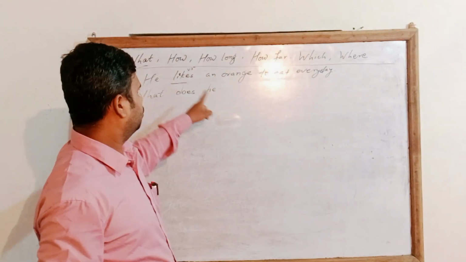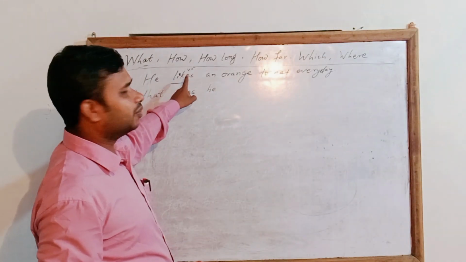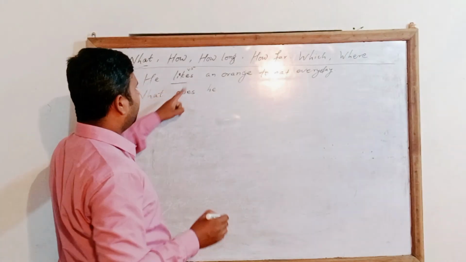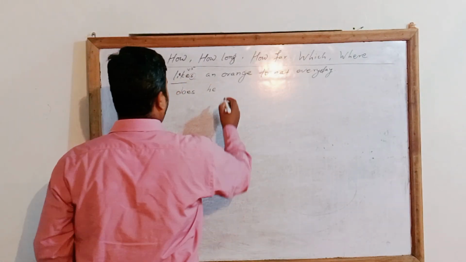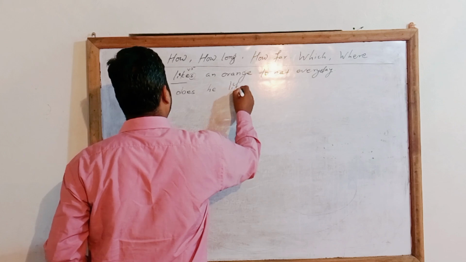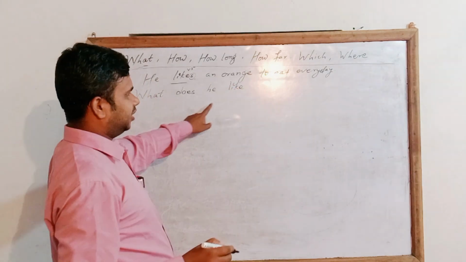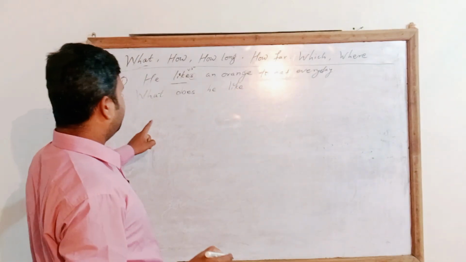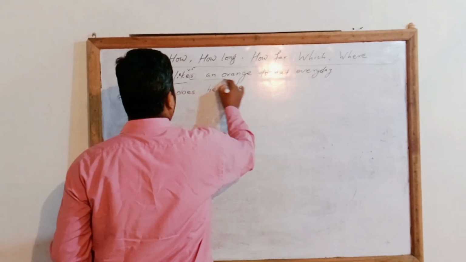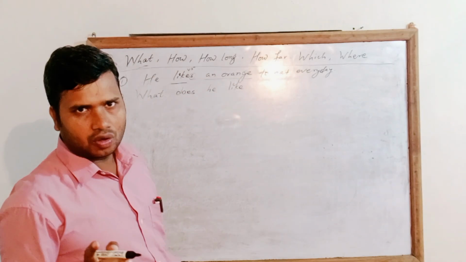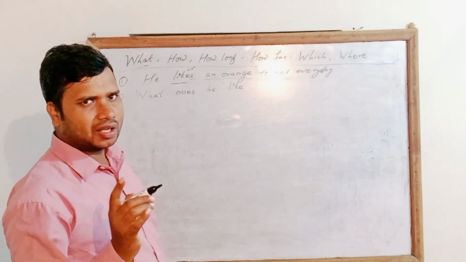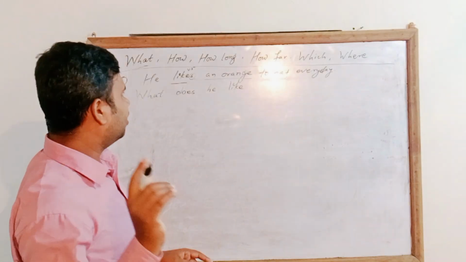It means without to. So bare infinitive means B1 form. So you have to remove this, and here like. What does he like? Okay, and you have to leave this because what question indicates a thing.